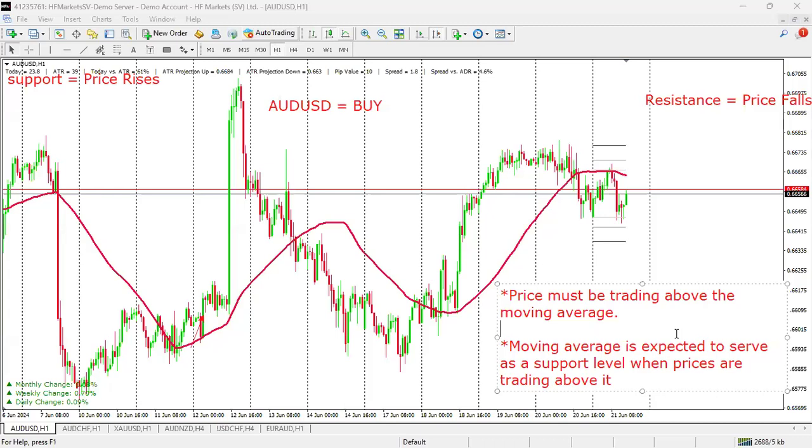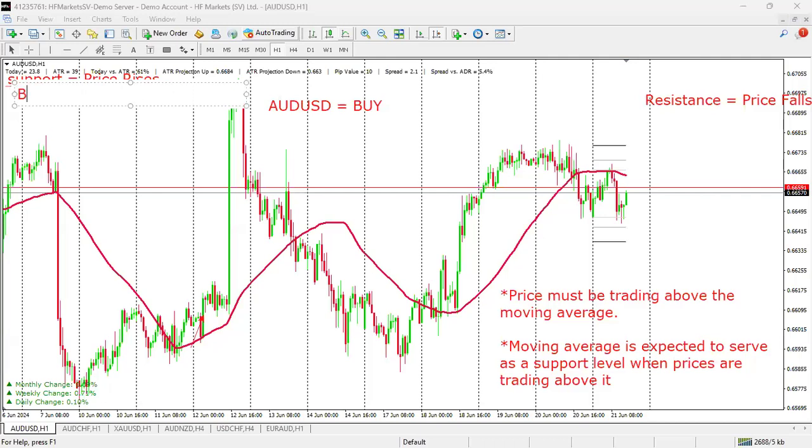So now, having confirmed that prices are trading above the moving average, you could also expect that the moving average itself can serve as a support level for price. Now, this is what I'm talking about. Remember that as a buyer, support is the best place to buy from, which means for someone who wants to buy in the market, a buyer must always be looking for a support level.